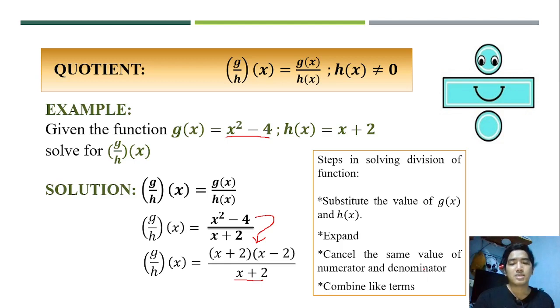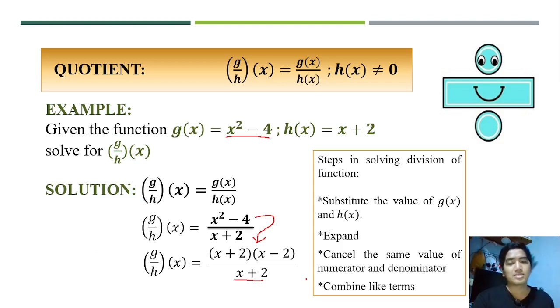Okay? Next one, so lagi nyo tatandaan, dito kay quotient, halos karamihan dito, ang pinaka-goal niya is to have a cancellation from the numerator and denominator or from denominator to numerator. Okay? Para po ma-simplest form natin siya. Okay? So as you can see, meron tayo ditong x plus 2 at tapos x plus 2 sa denominator.